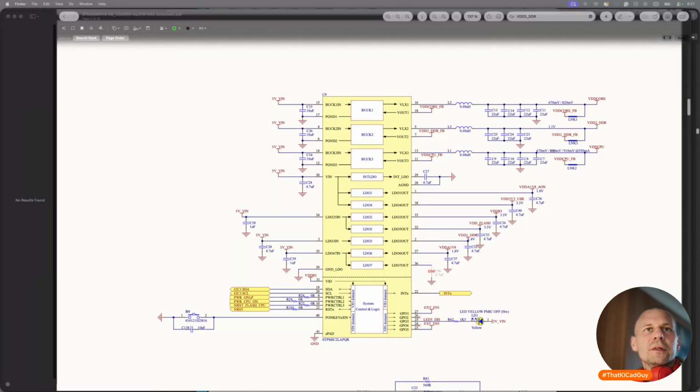Let me check this. Yeah, I'm checking the VRFDDR. Yeah, VRFDDR, and here is 0. Okay.